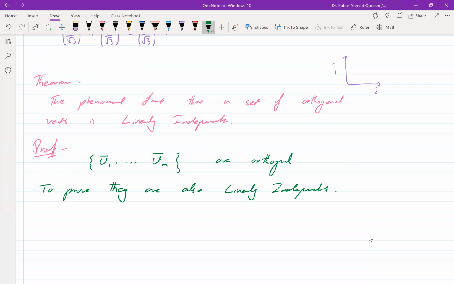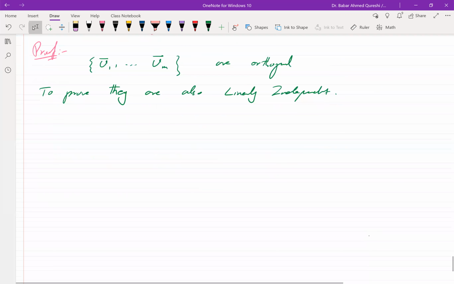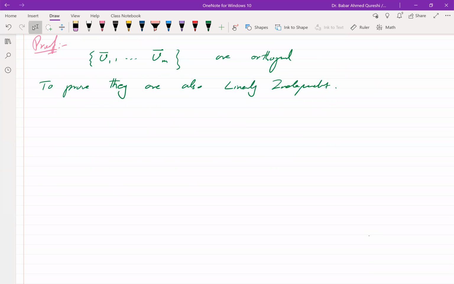It doesn't matter which scalar product you use, they will always turn out to be linearly independent. So to check the linear independence, I write this linear combination, equal to 0.